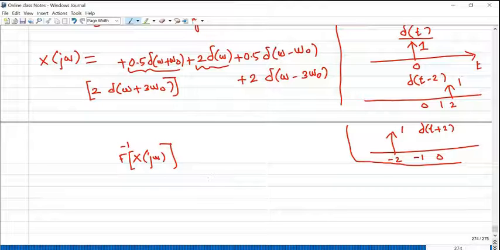That is what the linearity property says. So find the individual inverse Fourier transforms, combine them together, and finally write down your x of t. The inverse Fourier transform of X of j omega equals x of t. Now find the inverse Fourier transform of each and every component.